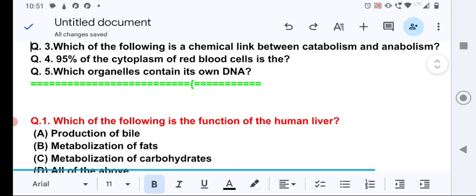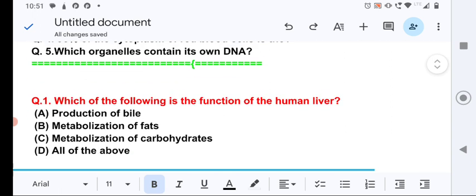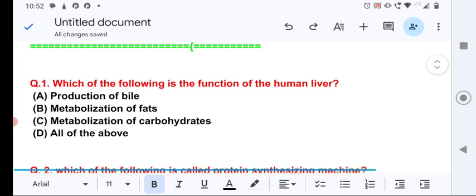Now I am going to start my video properly with question number 1: which of the following is the function of the human liver? The human liver has many functions. It is a vital gland of our body and belongs to the digestive system.